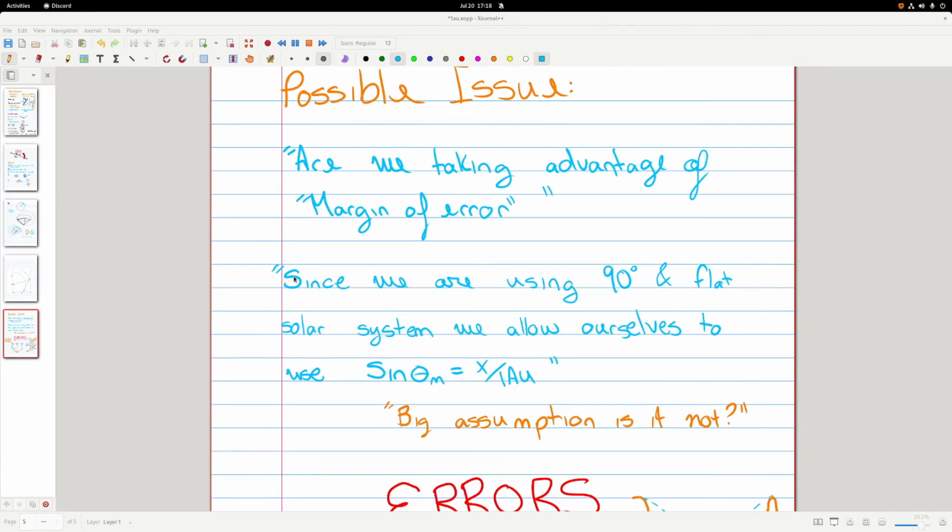Maybe I will do this in another video anyways, but we can show that assuming 90 degrees isn't a huge assumption if we know what the eccentricity is, which we can measure. And for a flat solar system, we can see how much the inclination that we observe is going to affect our measurement. For Venus, that works out to be about 1%. So those are not big assumptions, I wouldn't say.